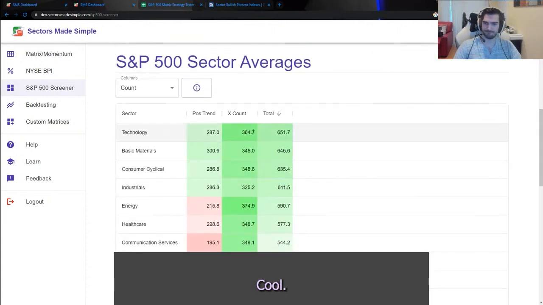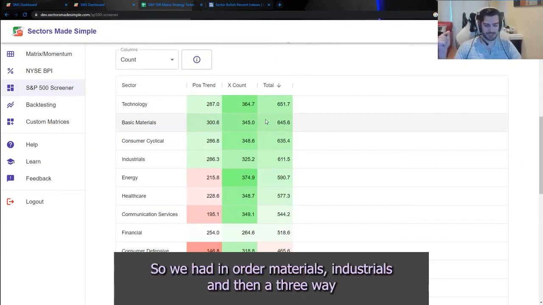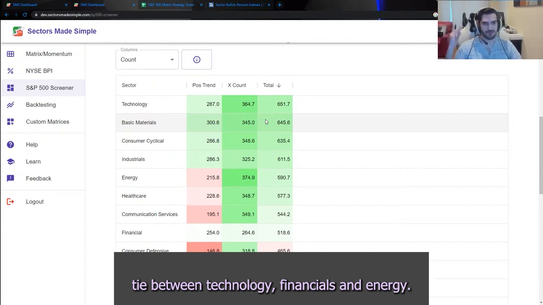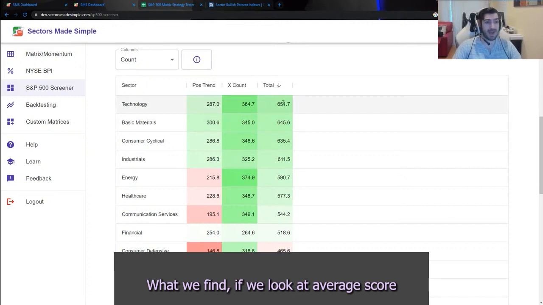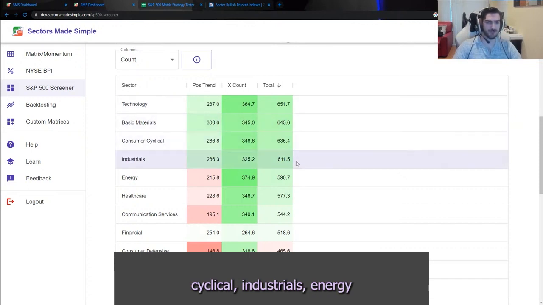Cool. All right. So we had, in order, materials, industrials, and then a 3-way tie between technology, financials, and energy. What we find if we look at average score is technology first, materials, cyclical, industrials, energy.